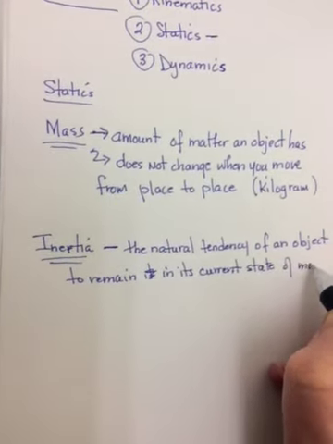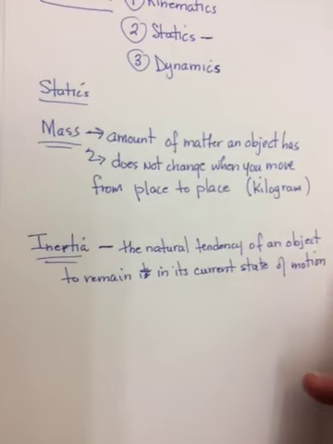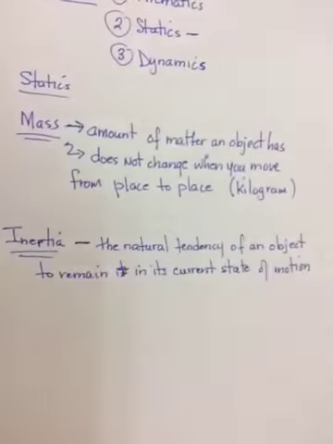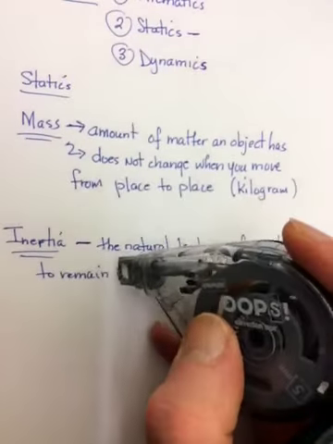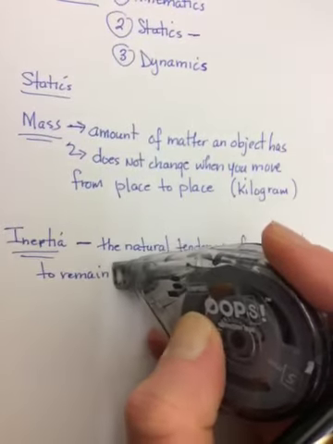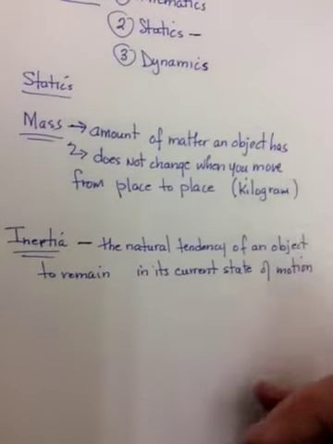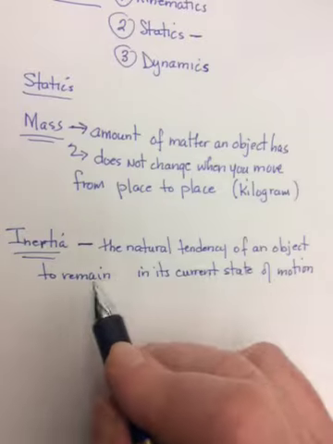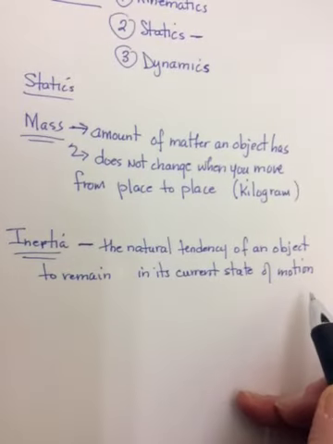If its current state of motion happens to be it's at rest, that's fine. So the natural tendency of an object to stay in its current state of motion. You have inertia. That's why when you're lying on the couch and a parent says, could you take the garbage out? your natural tendency is to stay in your current state of motion.